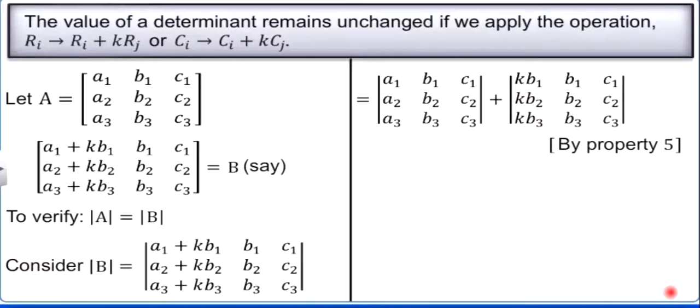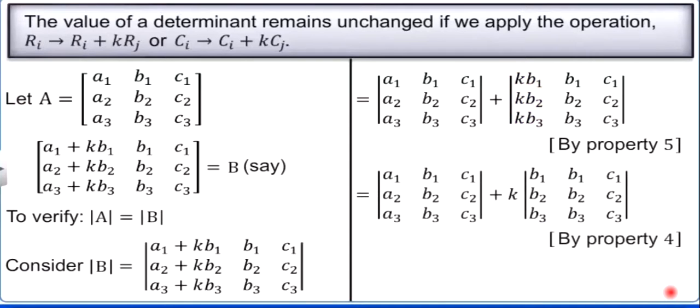Hence, determinant B can be expressed as the sum of two determinants. In the second determinant, each element of the first column is multiplied by k. By property 4, we can take k outside the determinant, which will not change its value. Now, we have determinant A plus k times a determinant whose first and second columns are identical.